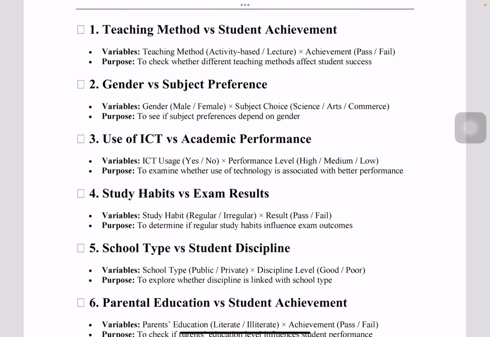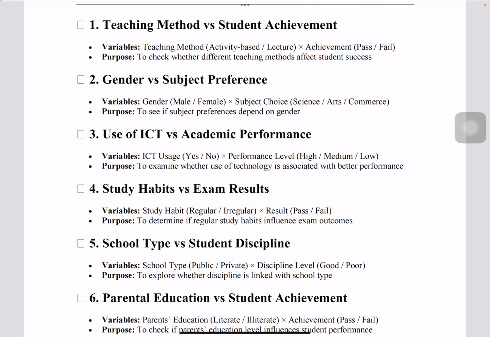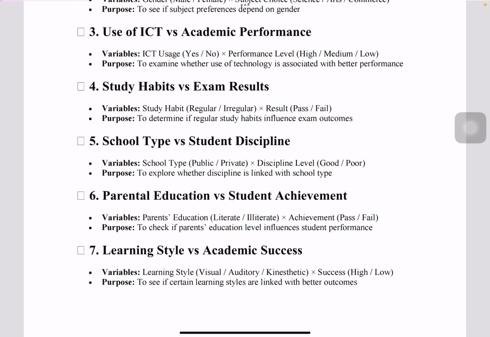Number 3, use of ICT versus academic performance. Variables: ICT usage, yes, no, multiplied by performance level, high, medium, low. Purpose is to examine whether use of technology is associated with better performance. Number 4, study habits versus exam results. Variables: study habits, regular, irregular, multiplied by result, pass, fail.